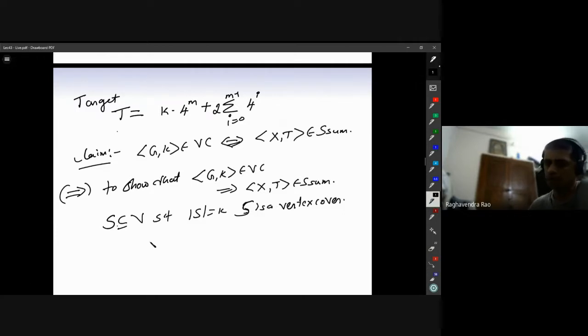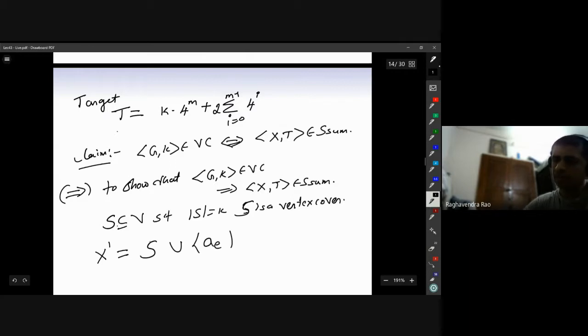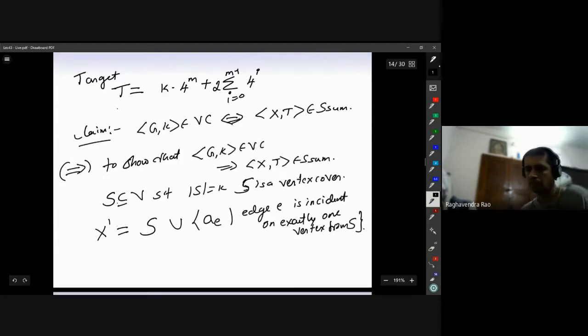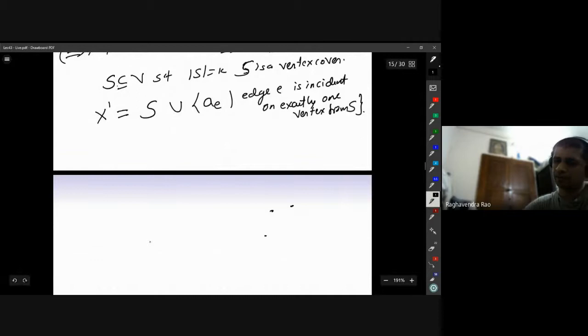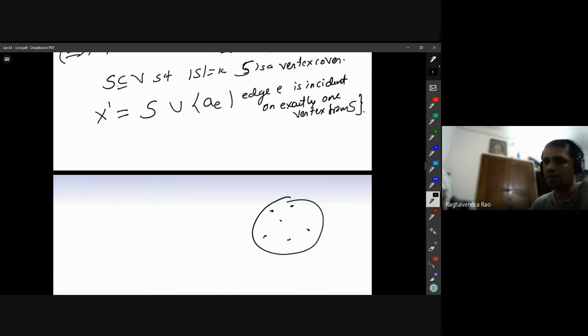Now, so X prime be S union a_e such that edge e is incident on exactly one vertex from S. So what you do is the claimed vertex cover S, so these are the corresponding numbers a_v where v is in S, plus what you do is you just look at edges which go out.